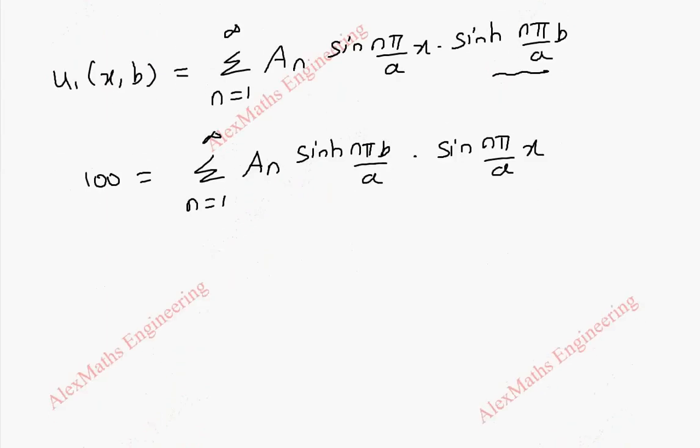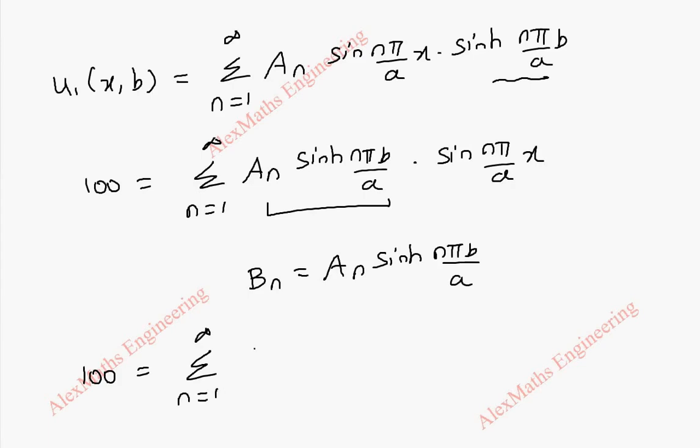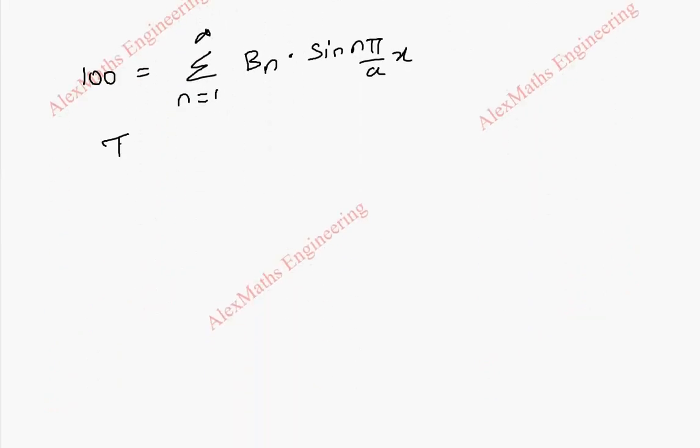Now I am going to give a substitution: this entire term as bn. bn is An into sinh(nπb/a). So 100 equals summation n is from 1 to infinity bn into sin(nπ/a)x. And this is the half range Fourier sine series.